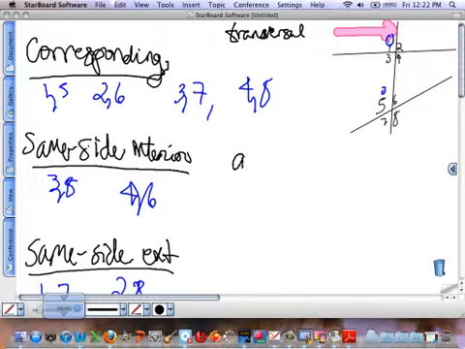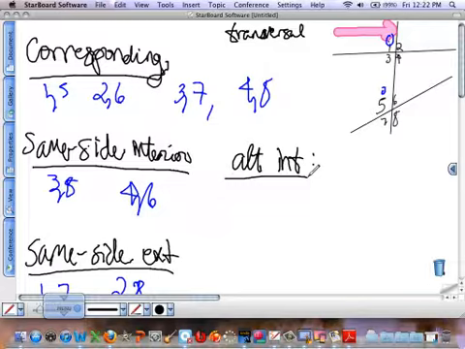Then we have a long one here. We have alternate interior, I'm going to abbreviate this. What does it mean to alternate? To be on opposite sides, to change, to flip back and forth, right? So again, interior meaning where?